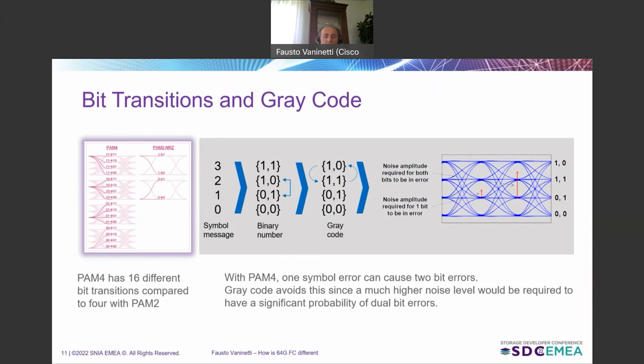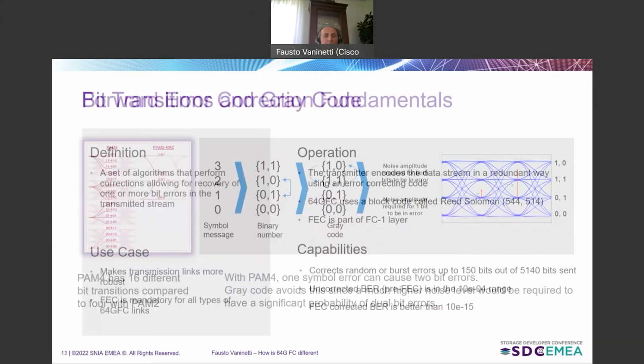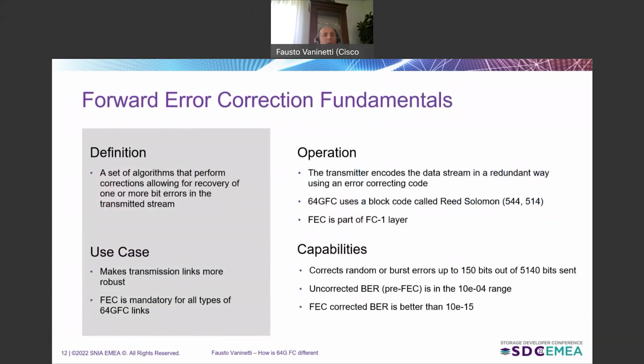Now, the solution to reduce as much as possible the number of possible errors comes from forward error correction. And forward error correction is a set of very complex mathematical algorithms that perform corrections, allowing for recovery of one or even many bit errors in the same transmitted stream.